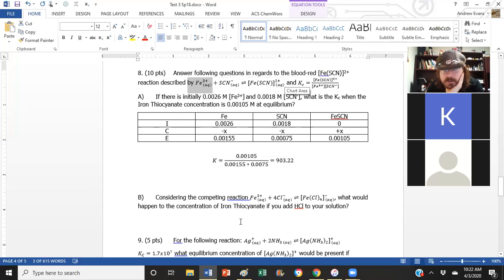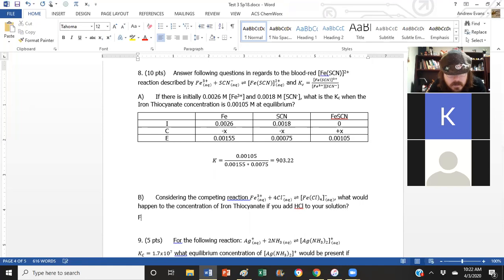So the concentration of iron thiocyanate will decrease because we have this competing reaction that is using up the available iron. So we'll get less iron thiocyanate as a result. FeSCN goes down as the reaction shifts left to replace the lost iron.